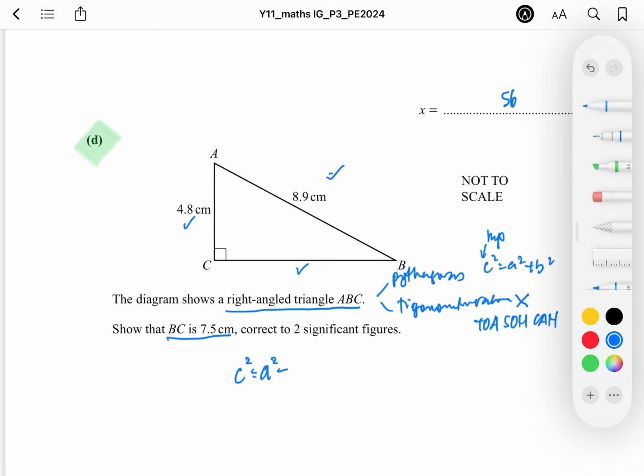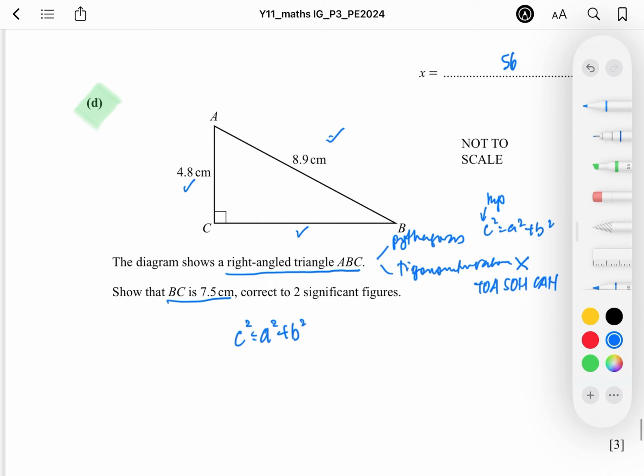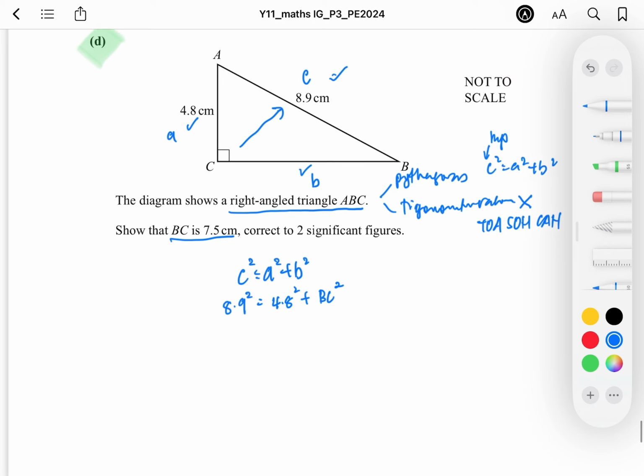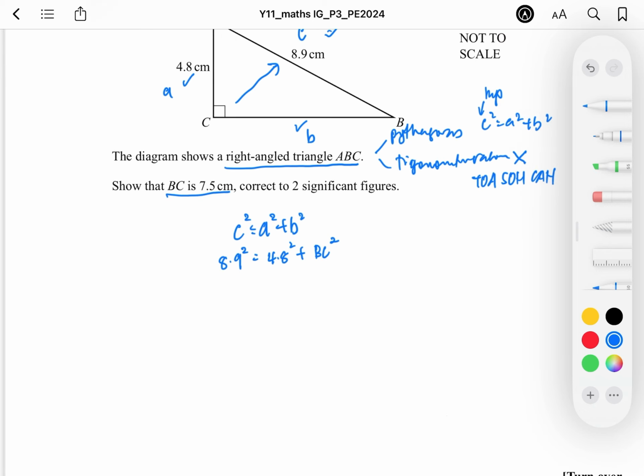We should be just using the Pythagoras theorem. So with Pythagoras theorem, we label the side opposite the 90 degrees, that would be the hypotenuse. So putting it in, 8.9 squared is 4.8 squared plus BC squared. Minus 4.8 squared from both sides, and then take the square root.